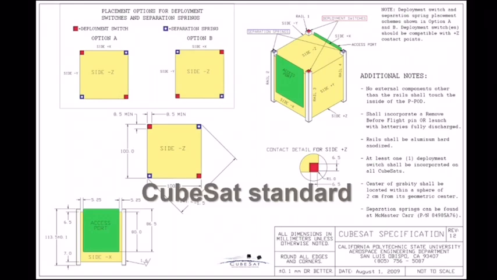They are quite easily searchable even on the simple internet. So if you want to start your CubeSat project, this is the first step: to see the CubeSat standardized specification document.